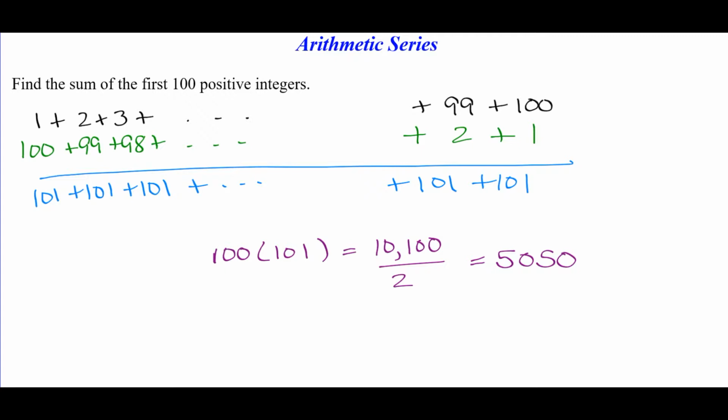If we generalize this process, what we actually did to find the finite sum was take the number of terms times the first term plus the last term, and then divide by 2. Usually in the formula we write that as n over 2, and then first term plus last term.